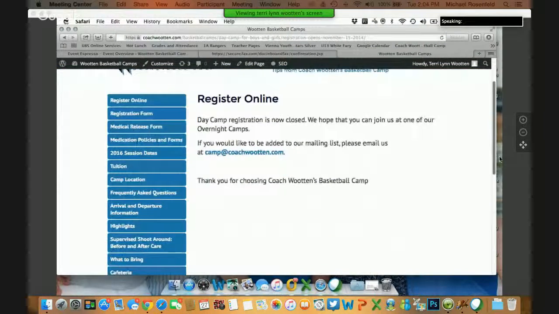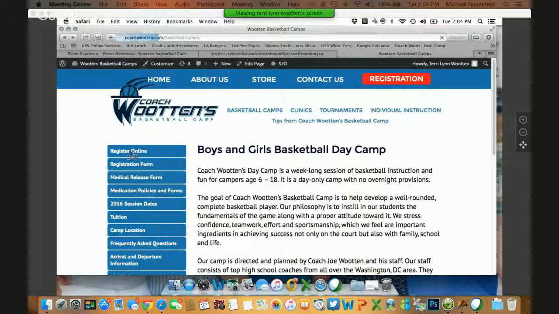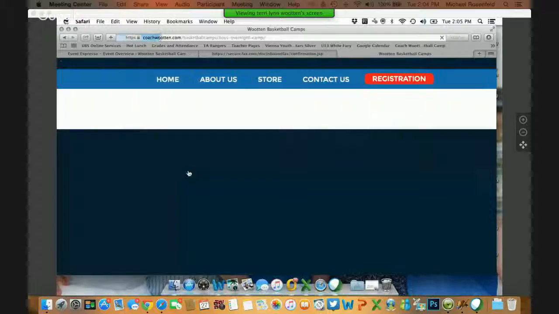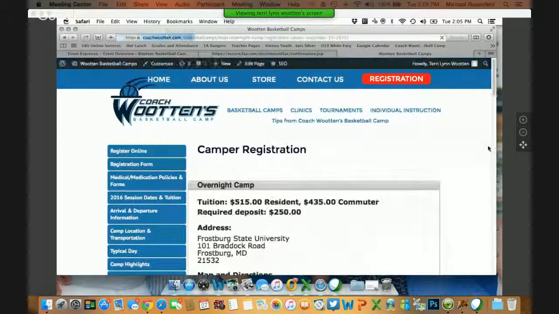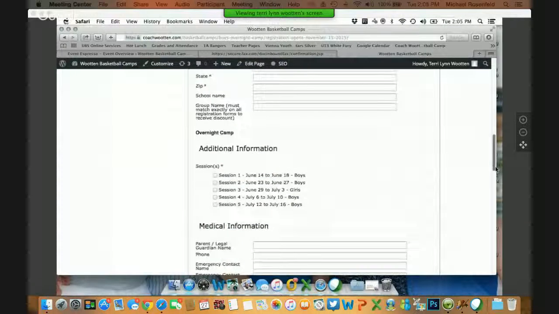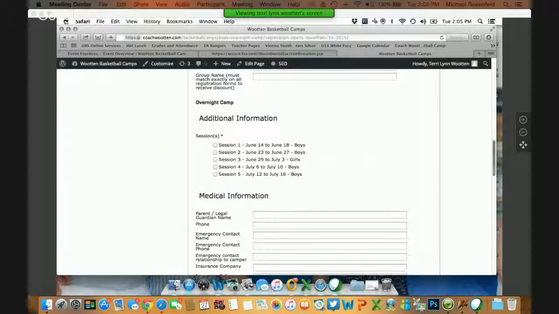Well, I would say this, Mike. They're very similar. They have the same medical. They have the same registration. I just realized too that the transportation wasn't up there for the overnight camp. Oh, you're right. It's not. So he took that down too.